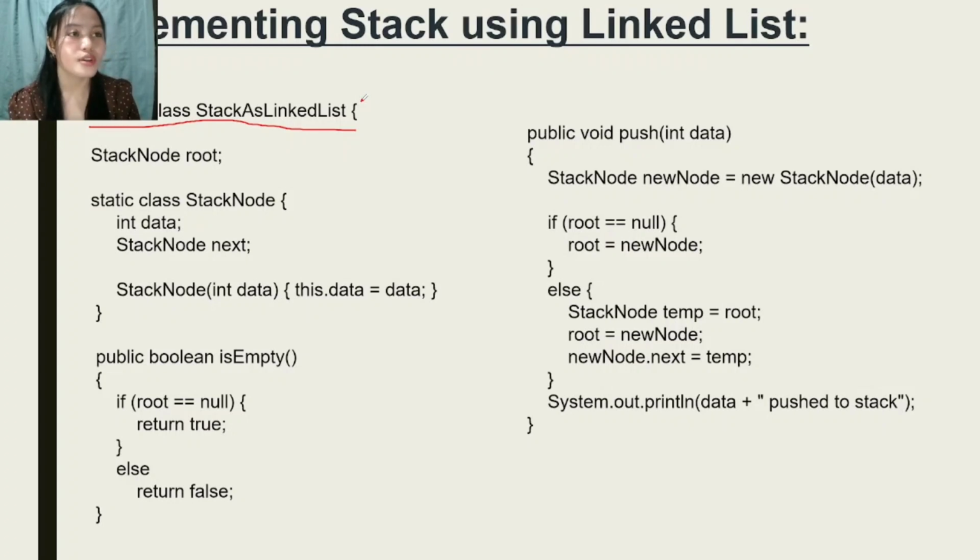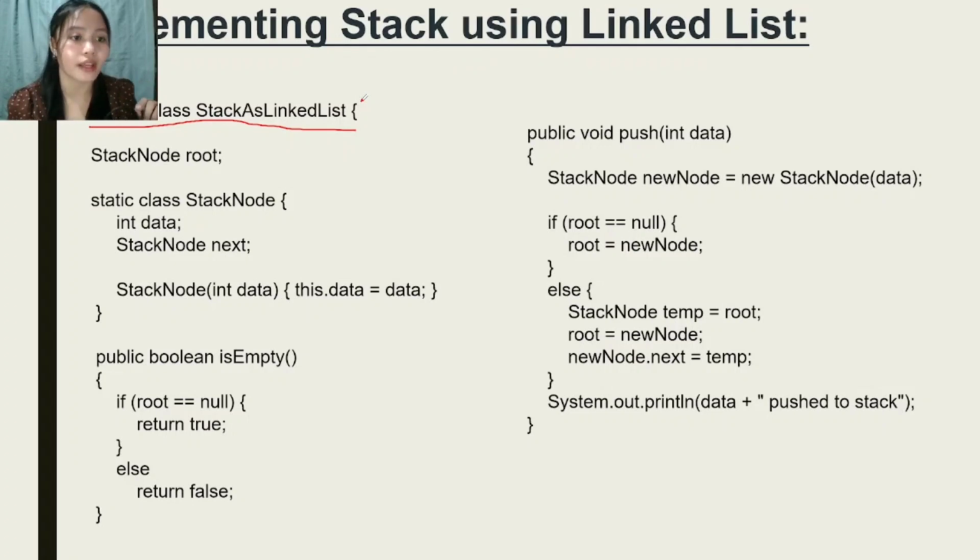When we say node, it has two fields, right? One is the data, and the other one is the pointer. Those are the two fields of our node. So that is StackNode. Let us consider every element as a node, and a node has two fields, which include data and a pointer. Okay, so that's it.